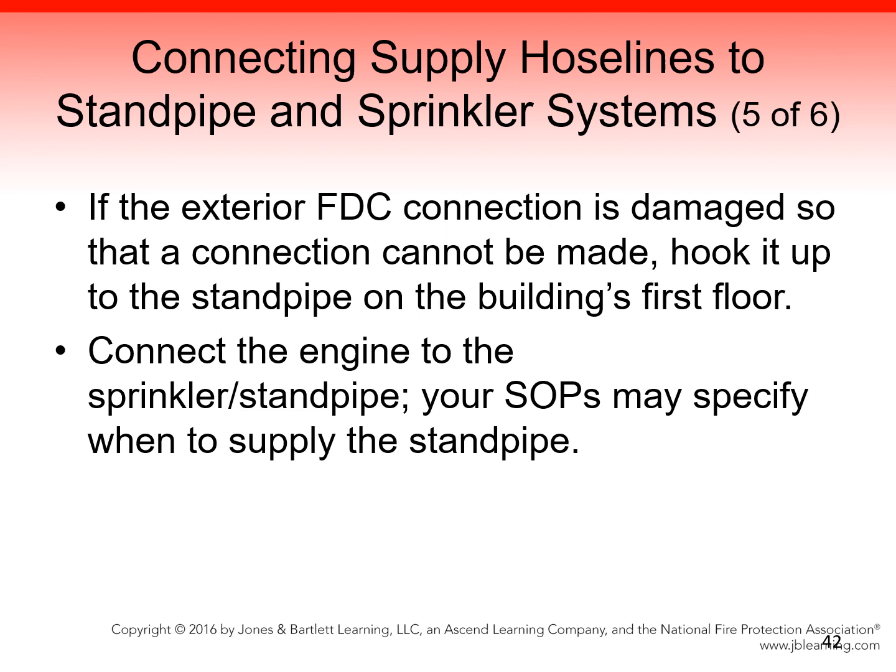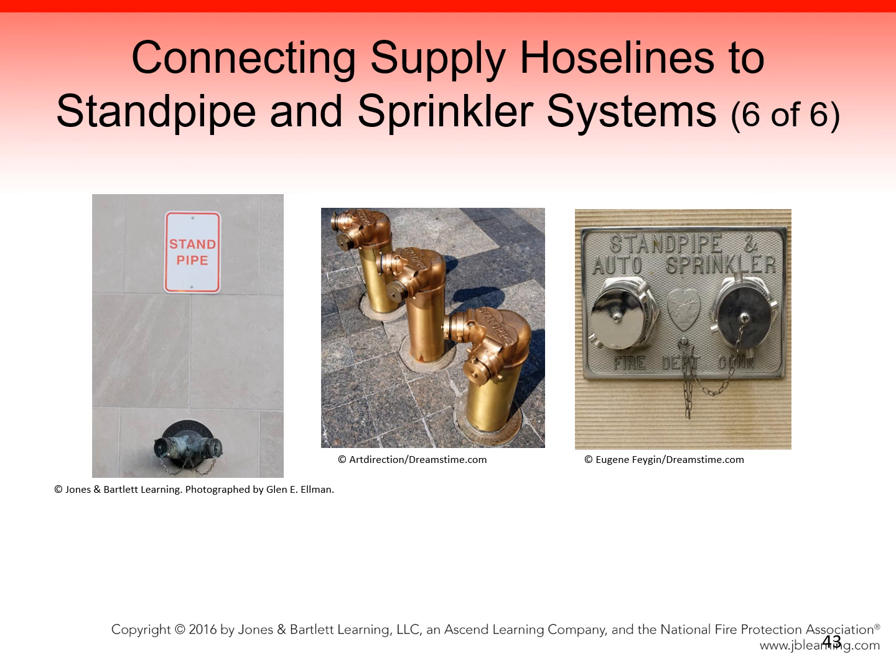A dry system has no water in the pipe and depends on the fire department to supply the water. Regardless of which system may be present, a supply line must be established. Follow the steps in Skill Drill 11-3 to connect hose to the fire department connection. Figures 11-13 and 11-14 show examples of fire department connections and standpipe connections, a freestanding FDC and a wall-mounted FDC.